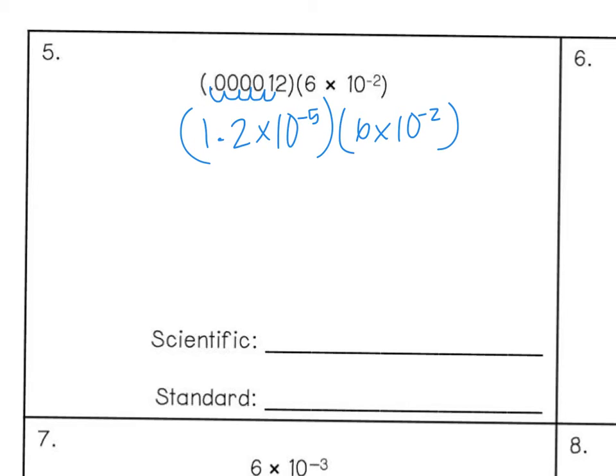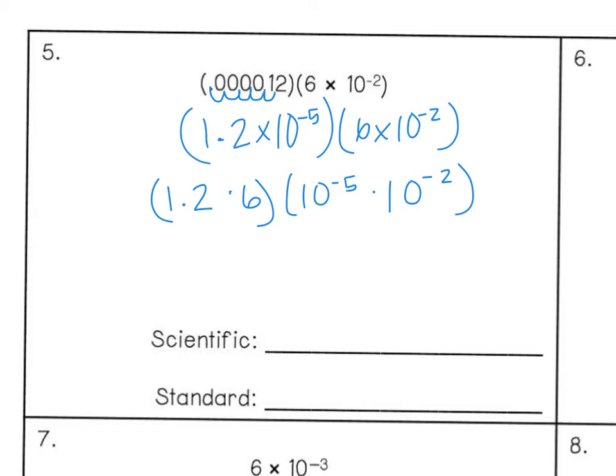So remember, with multiplication, you're going to rearrange. So we have 1.2 times 6 as one problem, and then 10 to the negative fifth times 10 to the negative second.